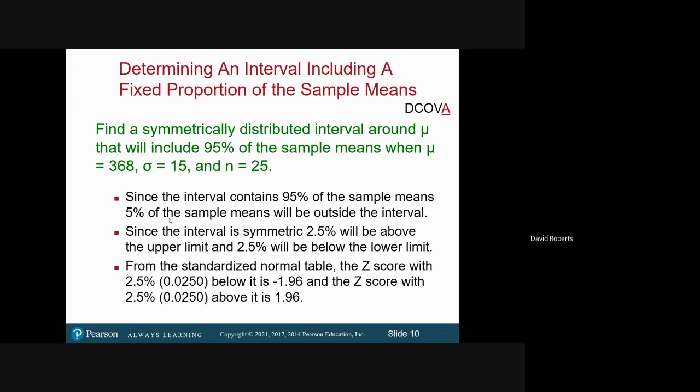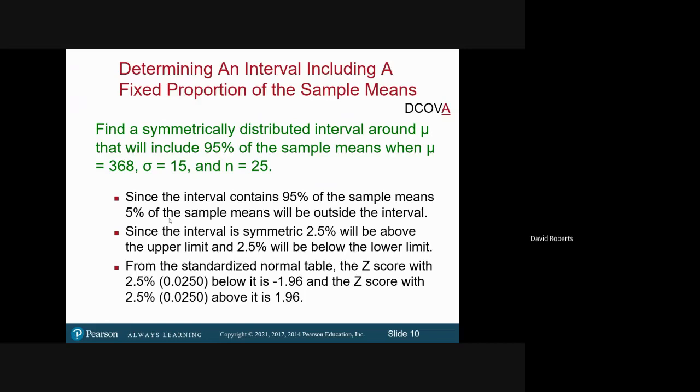So what we're trying to do is give ourselves a range or wiggle room, whatever you want to call it. We want to say that 95% of the sample is within this confidence interval, and that means that 5% is not within the interval.